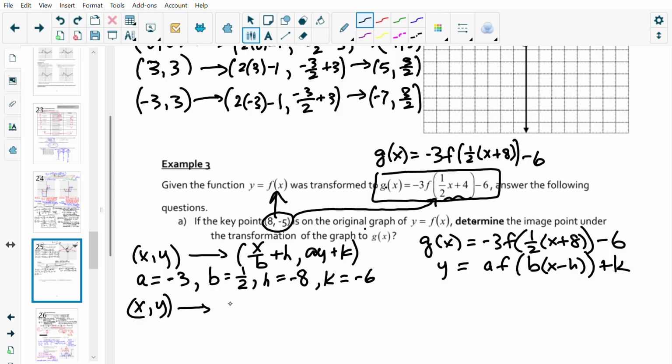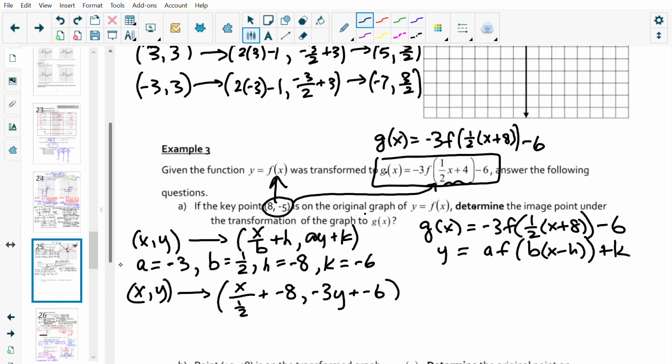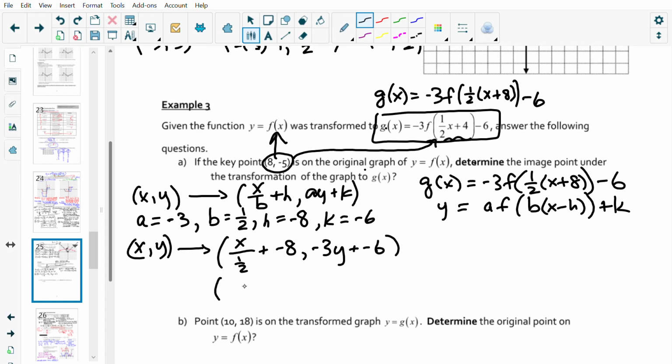Now that we have all our parameters straight, let's rewrite x, y: x over 1/2 plus h, which is -8, and then a is -3 times y plus k. So that's plus -6. Let's simplify everything. That is 2x minus 8 and -3y minus 6.